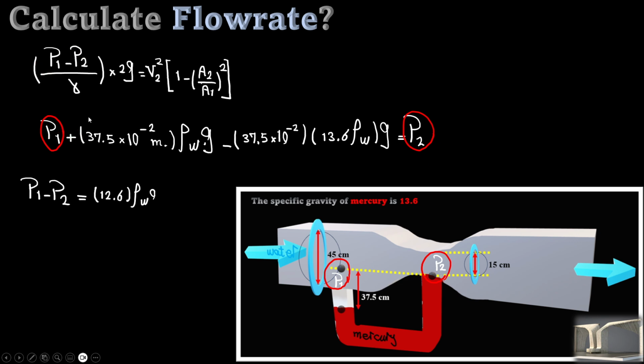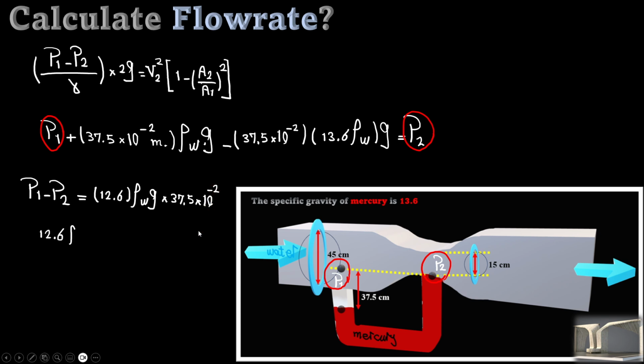Rearranging our equation, P1 minus P2 is 12.6 rho w times g times 37.5 times 10 to the negative 2 meters.